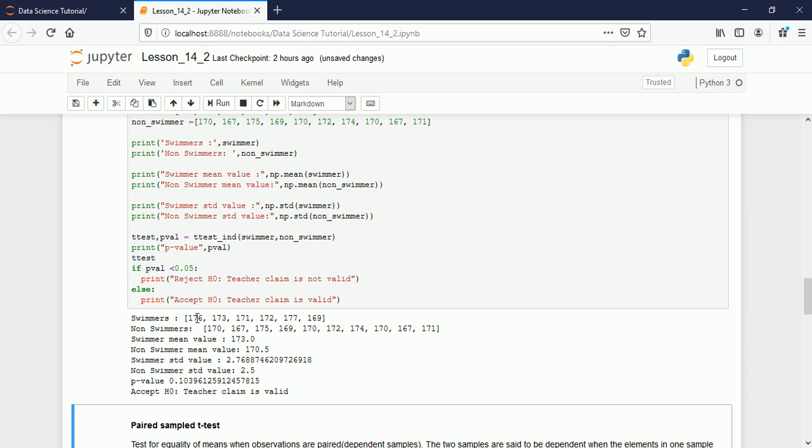Yeah, so the list is printed, the second list, this is the average for swimmers, this is the average for non-swimmers, and the standard deviations are also printed for both, and here is the p value, 0.1. So it is not less than this significance level. If it is not less than that, what will happen? We will accept the null hypothesis.